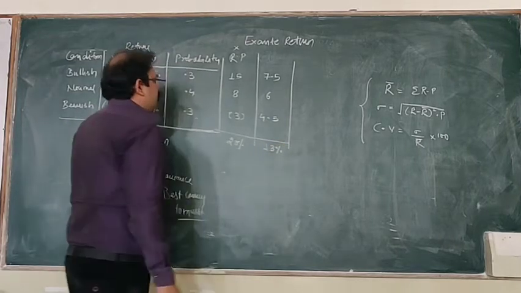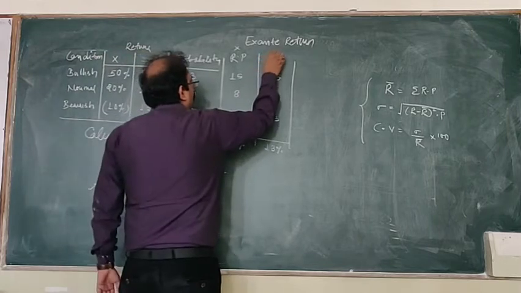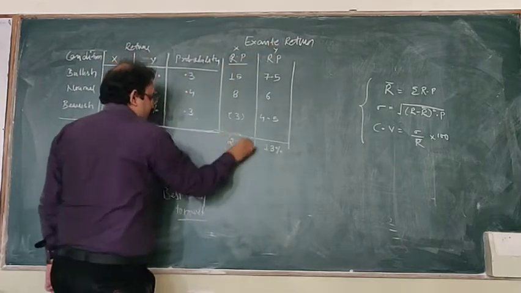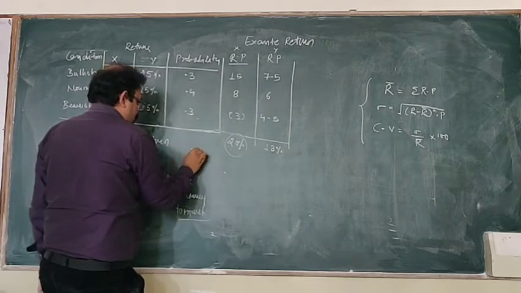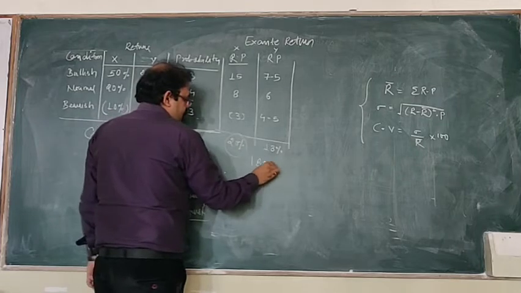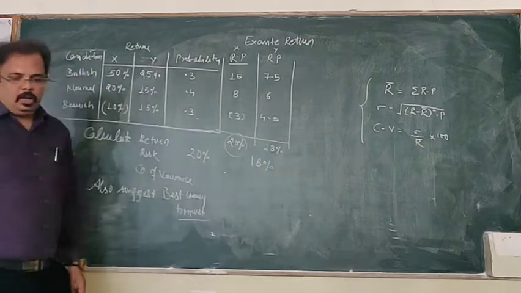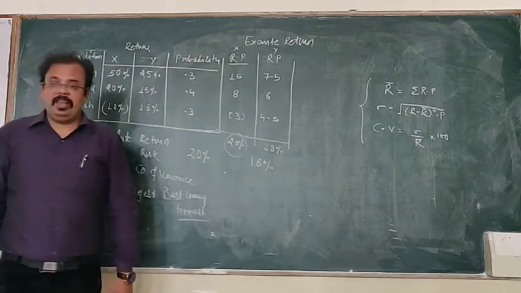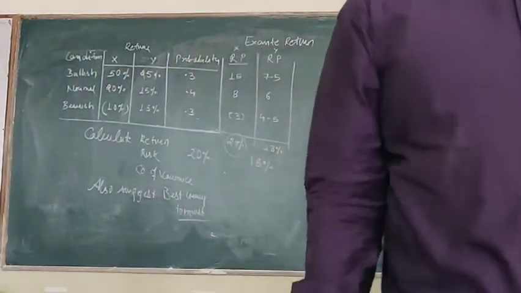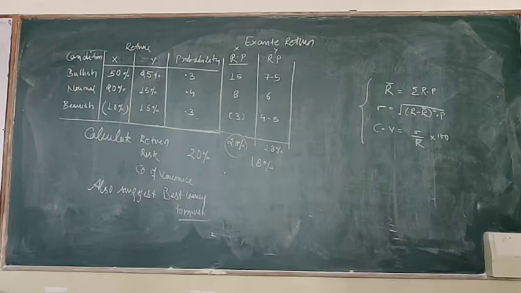So return for X company is 20% and return for Y company is 18%. Return is clear. Now we will calculate the variance for each. It's very simple. I hope there is no doubt.